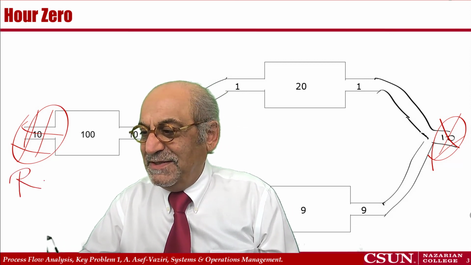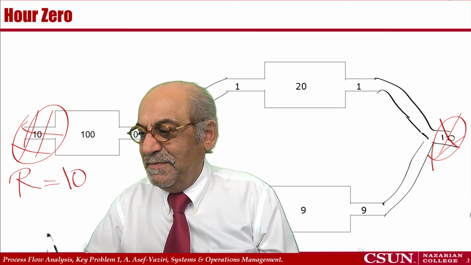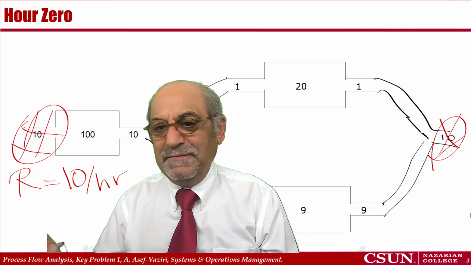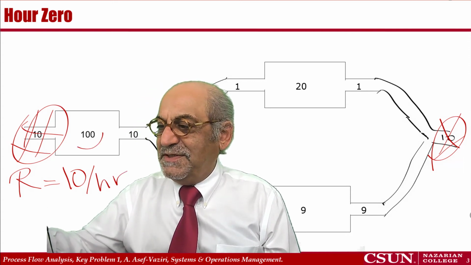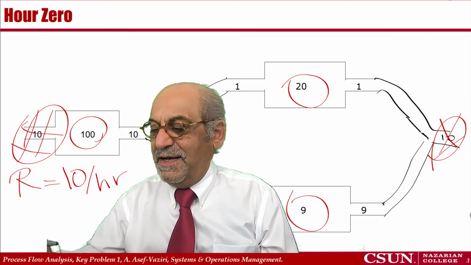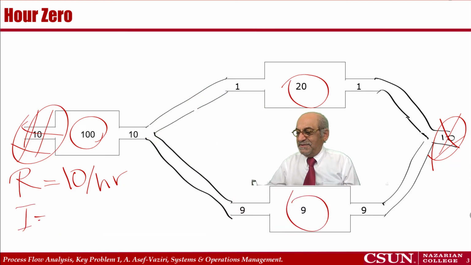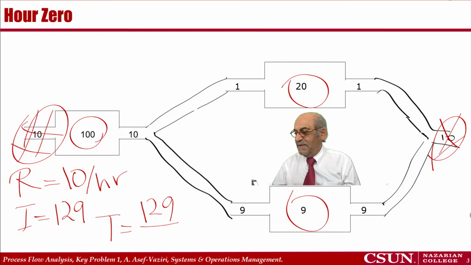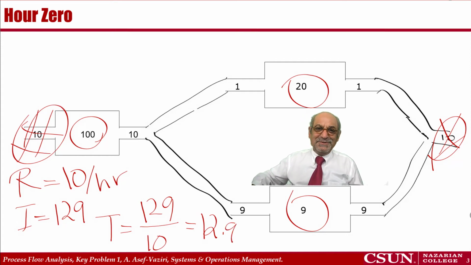Throughput is equal to 10 per hour. Inventory is 100, 120, 129. Inventory is equal to 129. Therefore, flow time is equal to inventory divided by throughput, and that is 12.9 hours.